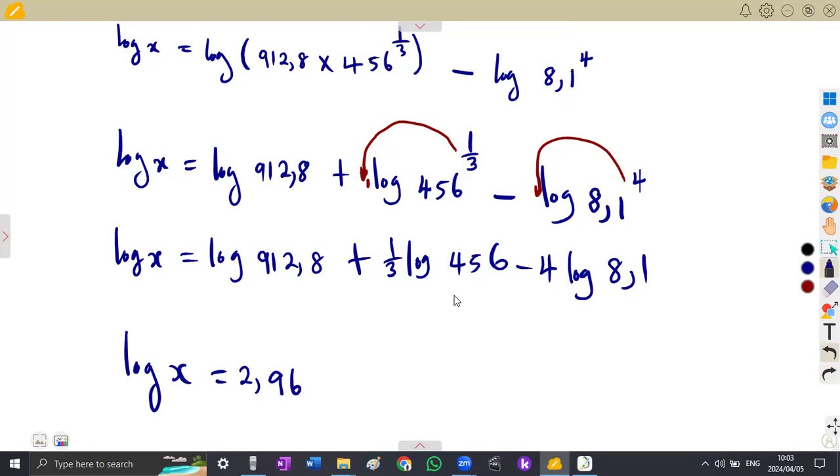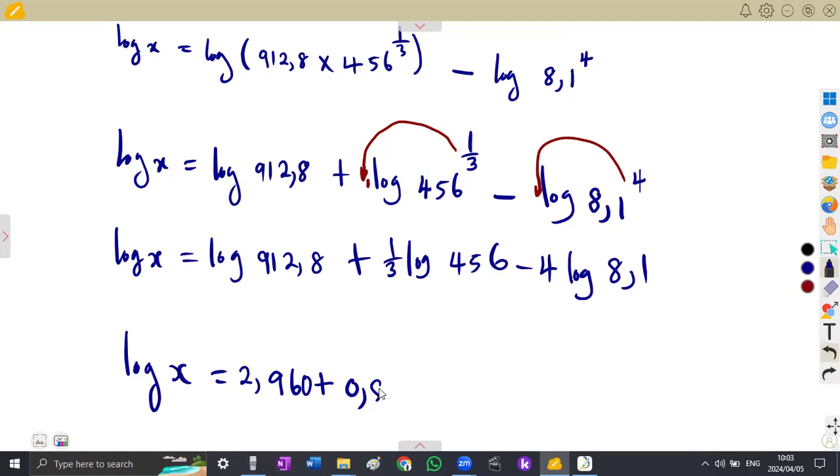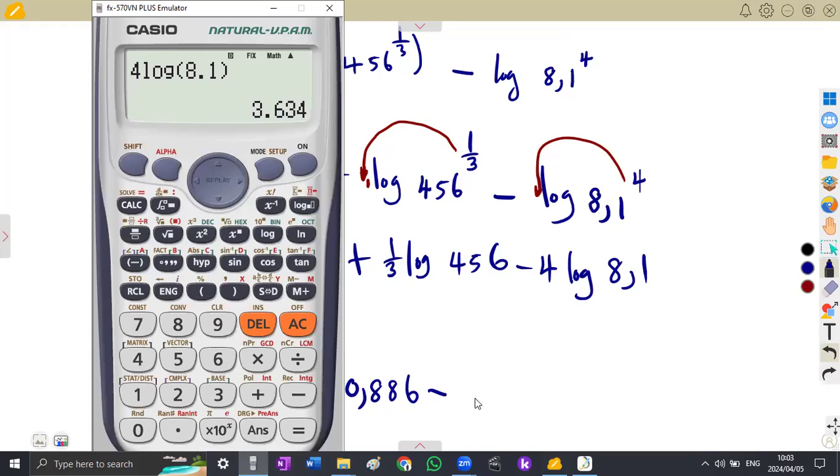Then plus a third log of 456, that is going to be 0.886. Minus 4 log 8.1. There is 8.1 there, 4 log 8.1. That's going to be 3.634.